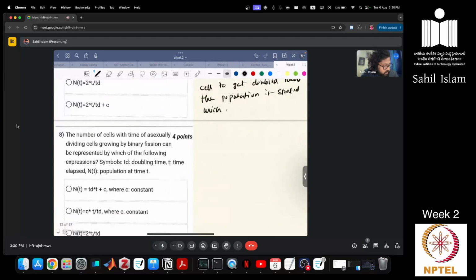So if at T equal to TD, NT should be 2. So NT is, if at T equals 0 NT is 1, then at T equals TD NT should be 2.